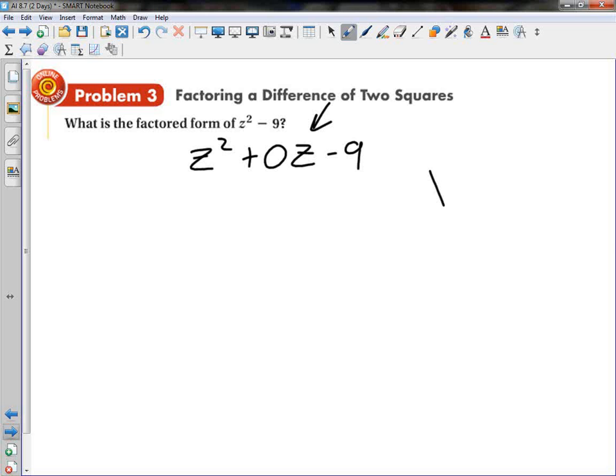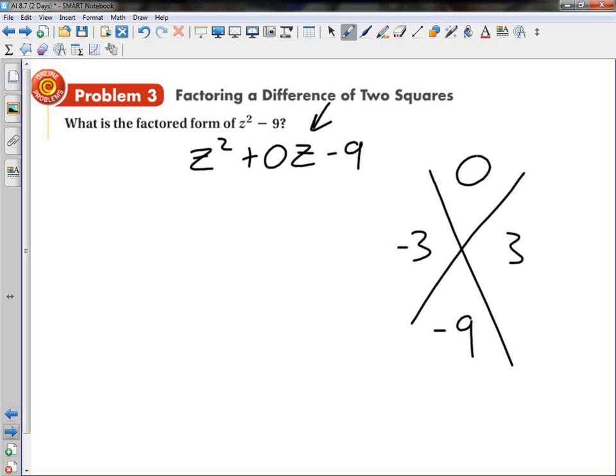If I'm going to do X factoring, I need to multiply to get -9 and add to get 0. Because I need to add to get 0, I know that both of these terms have to be the same number with opposite signs. So I need to think about what two numbers multiply to get -9. 3 and -3, and 3 plus -3 is 0. Then when I plug those in, I get z minus 3 times z plus 3.